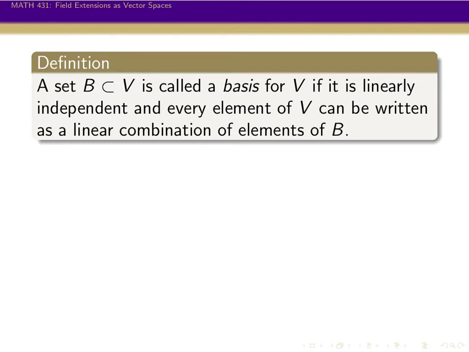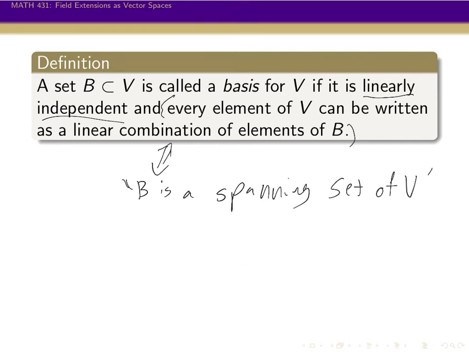And so a spanning set just means that every element of the vector space can be written as a linear combination of elements of B. Okay, so a basis is linearly independent, and then every element of V can be written as a linear combination of elements of B. Quite often we'd say B is a spanning set of V, where the span of a set is all the elements of V that can be written as a linear combination from that set.